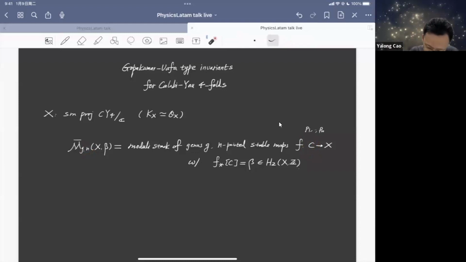When I say moduli stack, you can just pretend this is some space which parameterizes all possible maps from this curve to X, and stable means the automorphism group of this data should be finite. So in a picture, what this moduli space parameterizes are some Riemann surfaces with some marked points which are away from singularities.